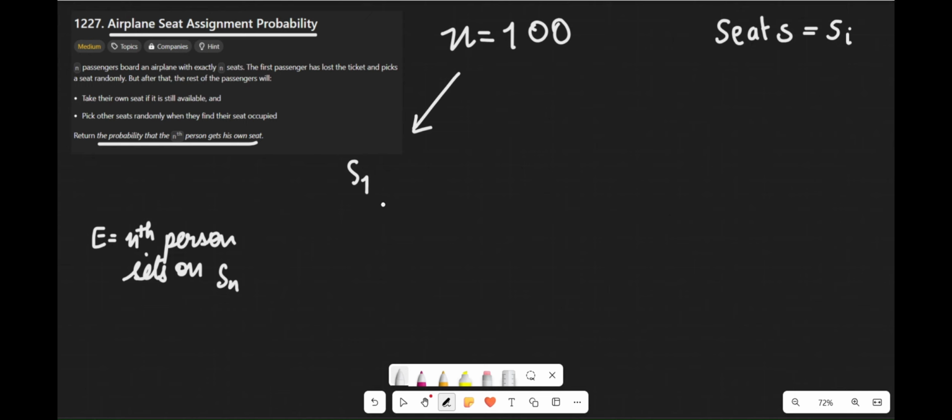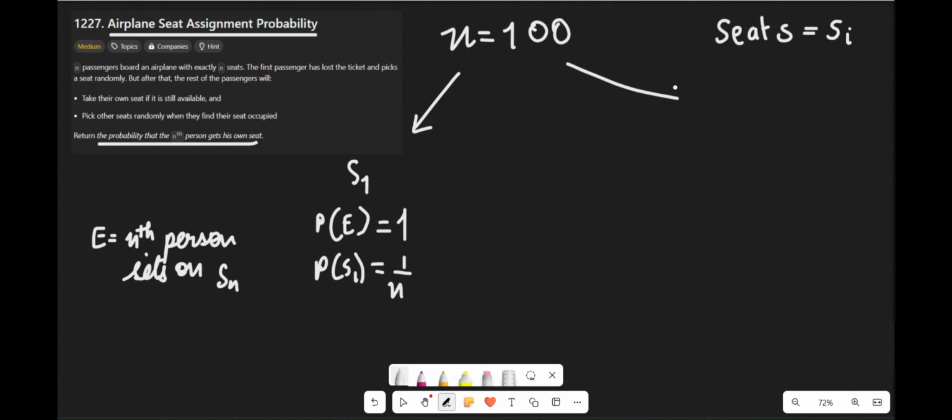If the first person sits on their own assigned seat, every subsequent person will come and sit on their own assigned seat, so the probability of this event E given this would be 1, meaning the last person will sit on the last seat. But the probability of this particular event happening, that the first person sits on S1, is 1 by n, right?